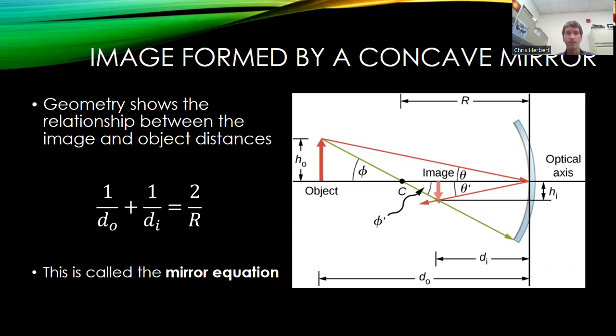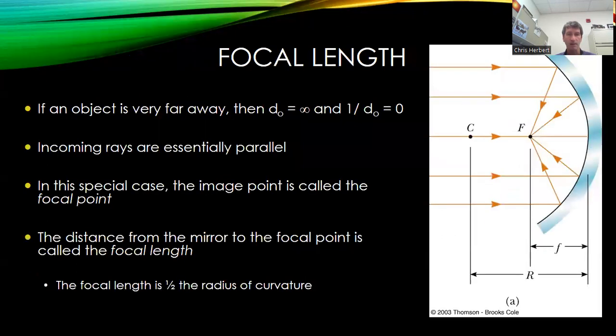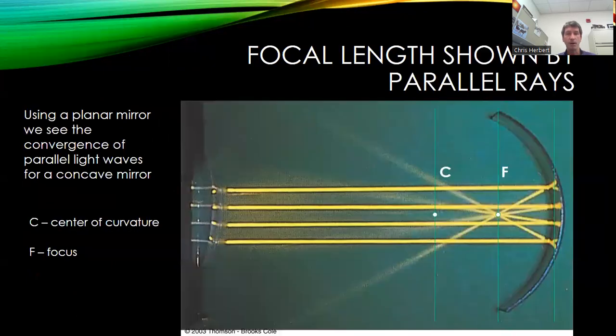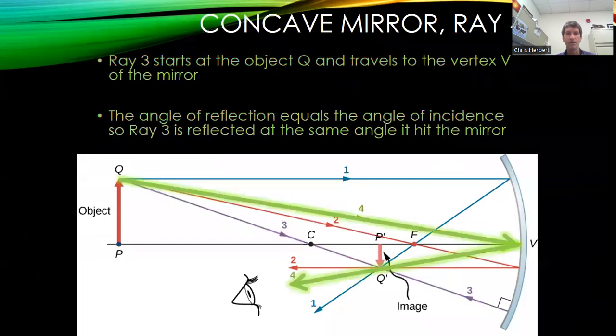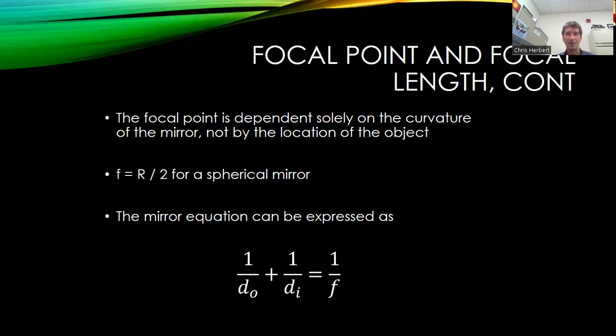F is the distance that the focus is from the mirror. And that would change the equation to, I'll get that in a second. We'll go back here to this right here. And again, this mirror equation is also going to be the same equation that we use for the lenses.